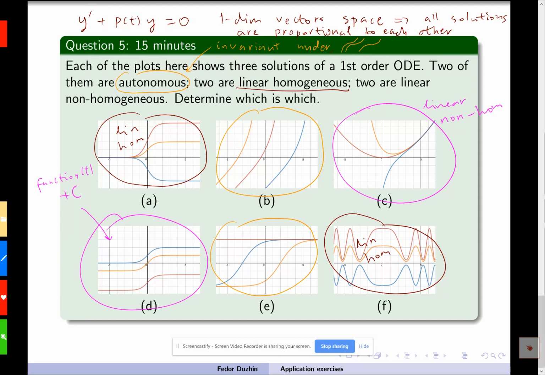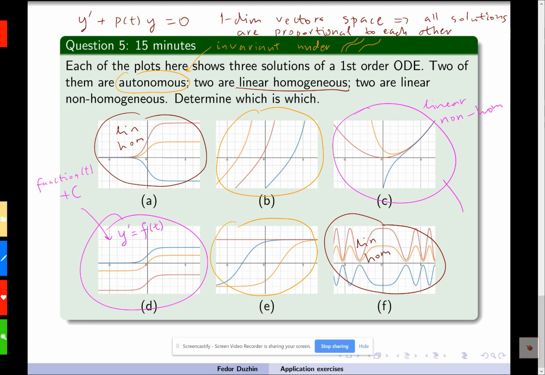So what you see in D is a differential equation of the type y prime equals some given function, say f of t. And solutions are just different antiderivatives of f of t, and they differ by an additive constant. And this is certainly a linear non-homogeneous equation.